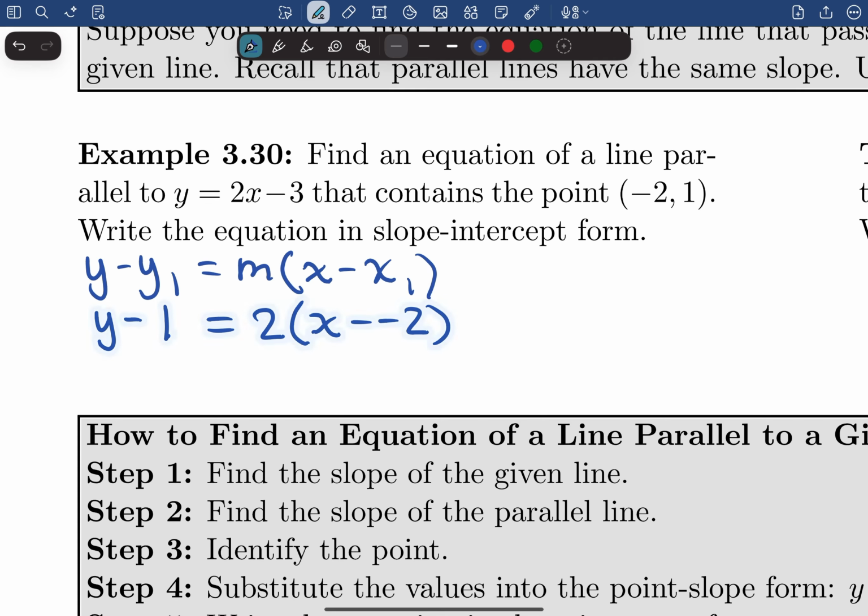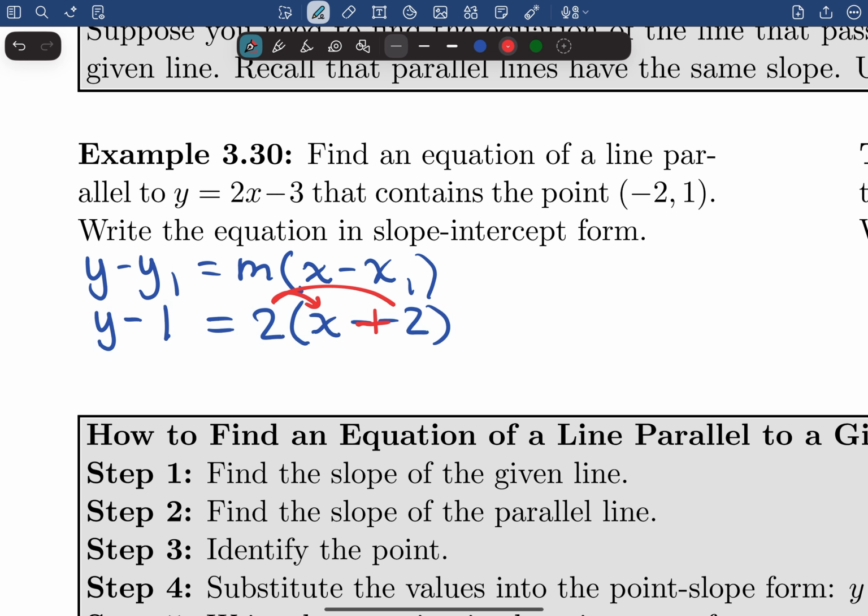Now that I have written this in point slope form, the last thing to do is write it in slope intercept form. We'll distribute this 2 into both of these things, and we will add 1 to the other side. We're solving for y, and we're cleaning it all up. By the way, this minus negative becomes a plus.